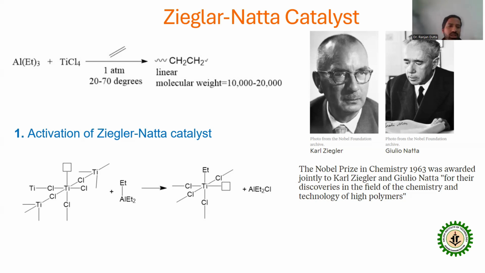In the crystal structure of titanium tetrachloride, we have one titanium center and 6 chlorine atoms. So when triethyl aluminum comes to titanium tetrachloride, one ethyl group is transferred to the titanium center, and during the process, one chloride is kicked out. Finally, we have a titanium center which has one empty orbital.